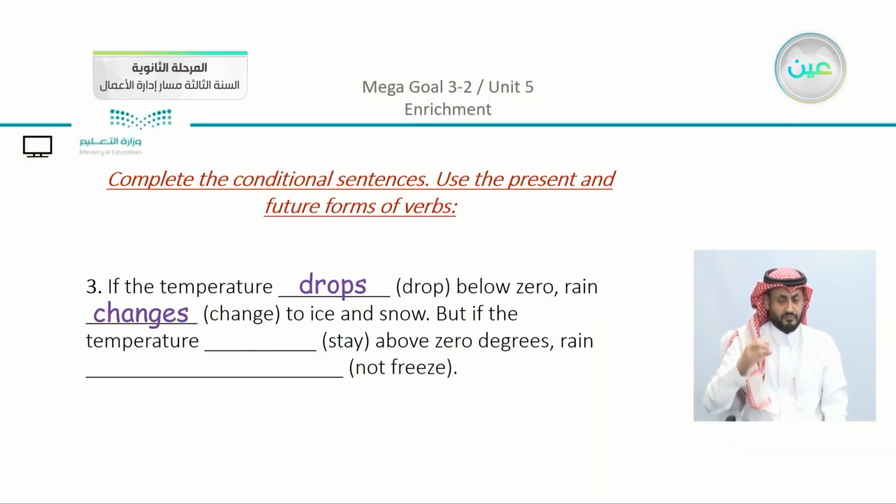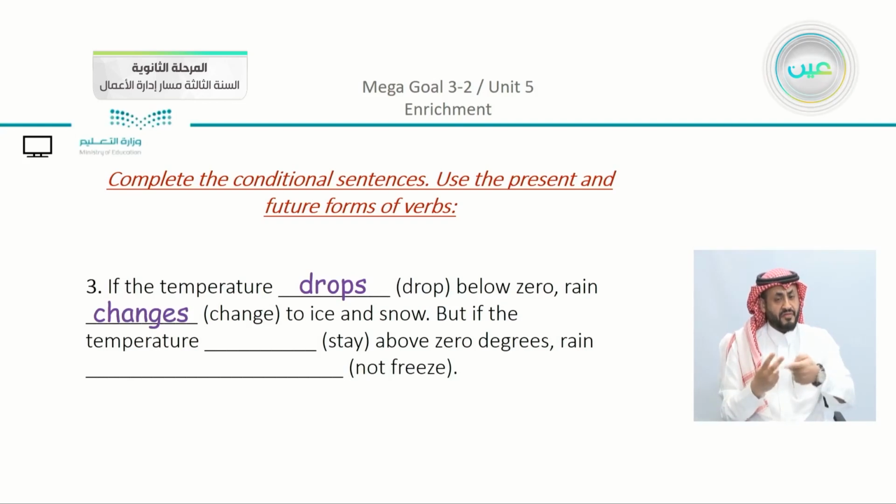Now here, this is something interesting. Why did I say, first of all, in the future, but now it changes into the present simple? Let's go back and read the sentence again. If the temperature drops below 0, rain changes to ice and snow. Is it something that always happens? Is it a fact? Is it something that doesn't change?